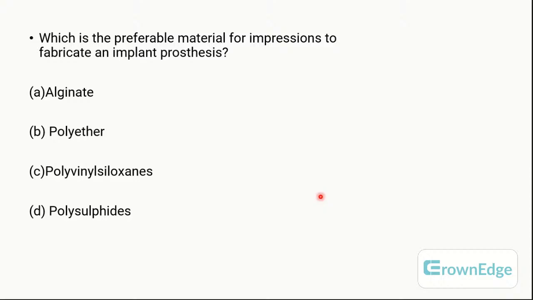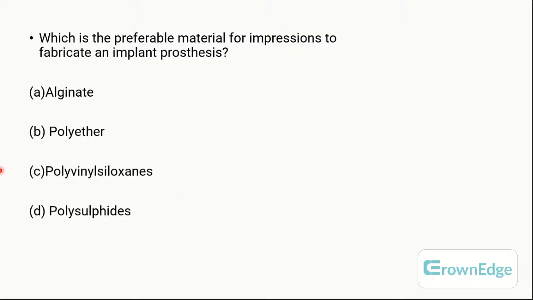Okay, I think not many of you answered this one. I see an answer: C, polyvinyl siloxanes. Okay, good. Does anybody agree, Dr. Shruti? C. Perfect. Good. So the answer for this is C.